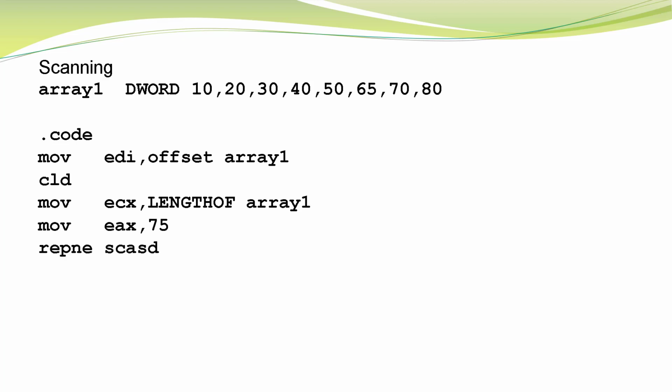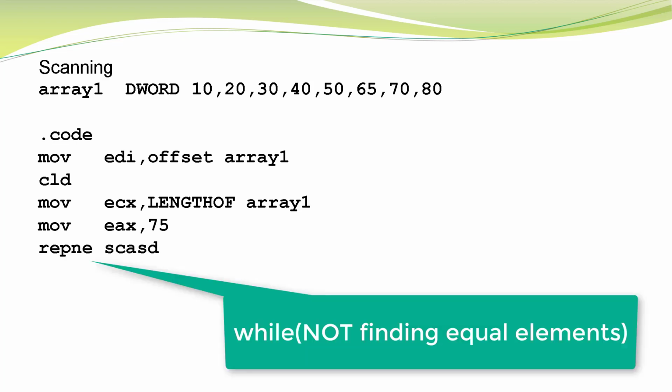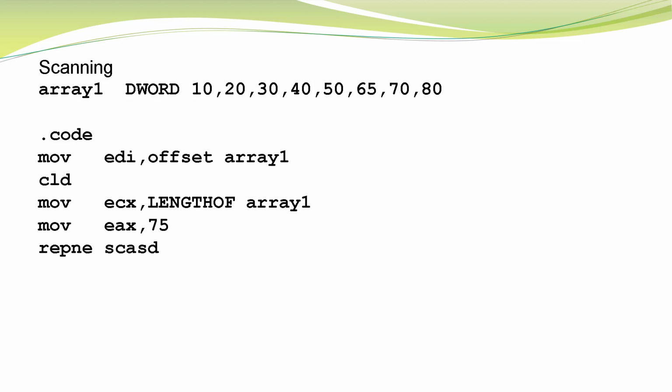My repeat prefix says keep on scanning through the array until I find a match, or until the ECX register goes to 0. So when the loop stops, we again know one of two things is true. Either there was a match found, or ECX became 0. Here's the reasoning. If a match was found, the loop stops and the 0 flag is set.